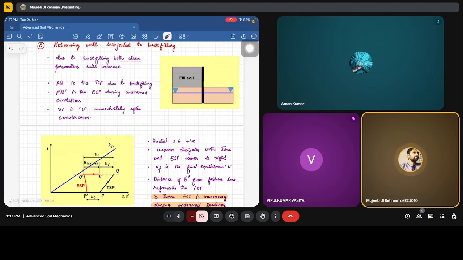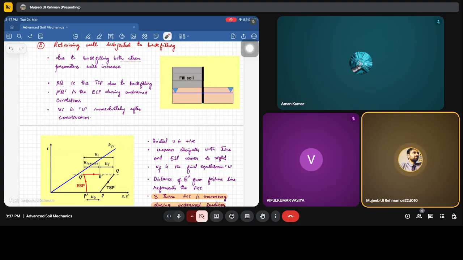So it means that once we stop the construction phase and give some time for the readjustment of the stresses, our effective stresses are increasing. Our soil state is going towards the right, which is far away from the failure line.